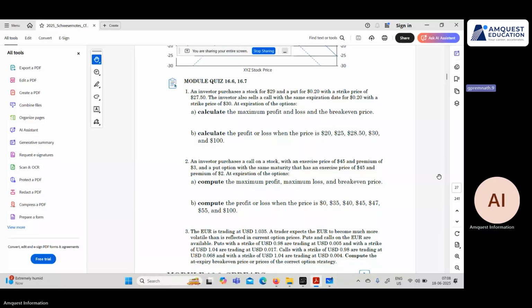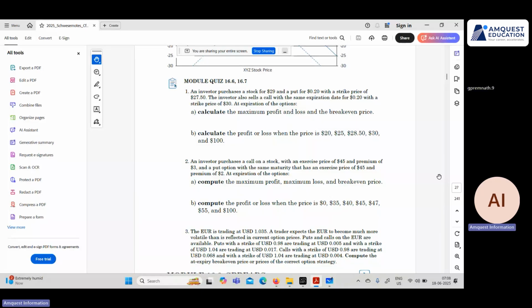The cost of the put is offset by the sale of the call. Maximum loss is 29 minus 27.5, which is 1.5. Perfect. And what's the break even? Break even is 29. Perfect.